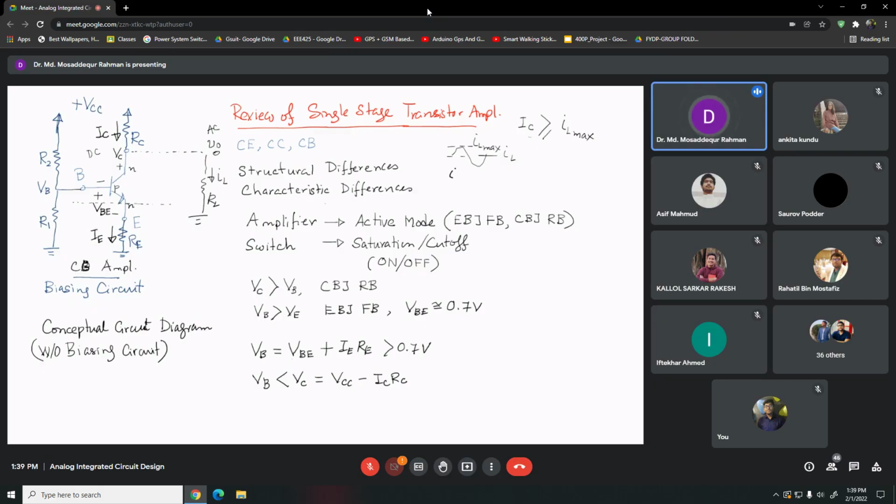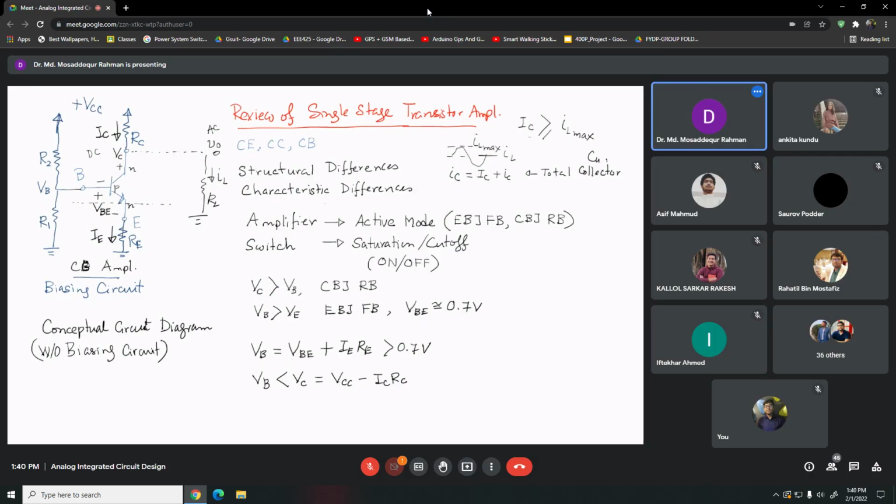So the DC collector current, we can write it as small i, capital C, which is the summation of DC current, capital I, capital C, plus AC current, small i, small c. So that is our total collector current.